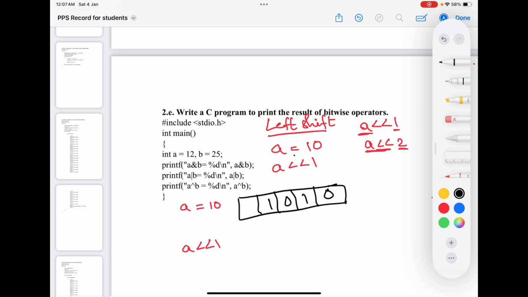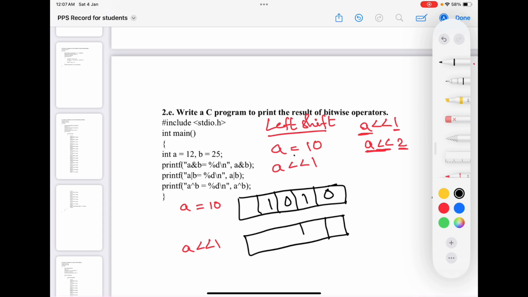The reason I took a longer bit stream for left shift is that the value will get doubled. This time, I am not taking a longer bit stream. The reason is that if the value of a variable is right shifted one time, then its value becomes half of the original value. That's the reason I am not taking a lengthy bit stream.